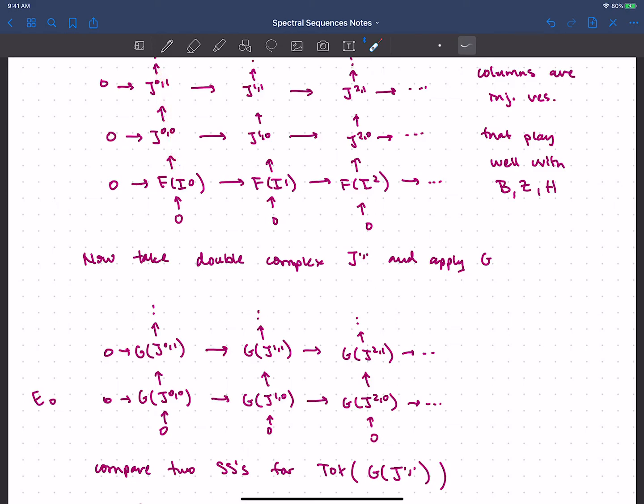When I compute homology with respect to that differential, I rip off that bottom piece, and then I apply G, and now I'm computing homology with respect to those vertical differentials. But that's exactly how I compute the right-derived functors of G applied to some object, and that object is F of I0. Then I have the same story in the next column. I'm just computing the right-derived functors of G applied to F of I1. Okay, so hopefully that made sense.